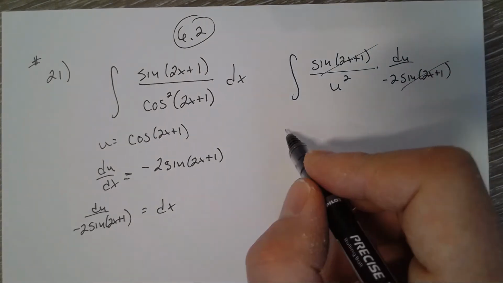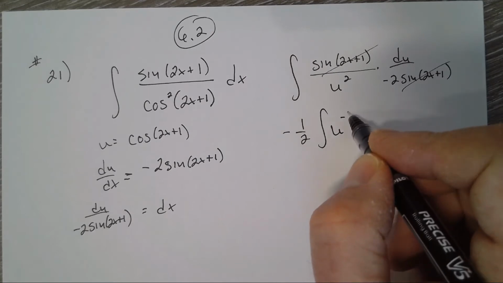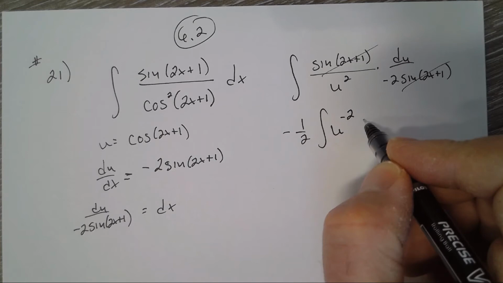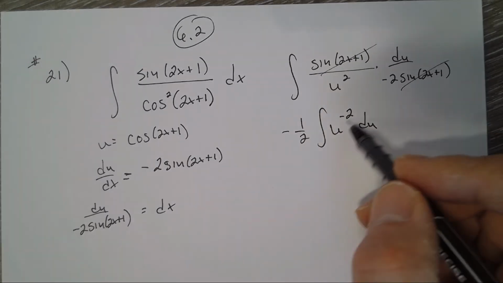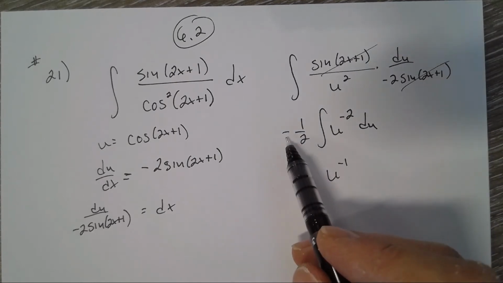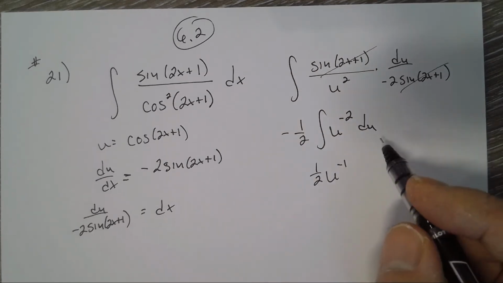So I'm looking at negative 1/2 integral of u to the negative 2 du. Then add 1, so it'd be u to the negative 1, and then divide by that, so it's negative u to the negative 1. But it's already negative here, so I'll make it positive 1/2 u to the negative 1.